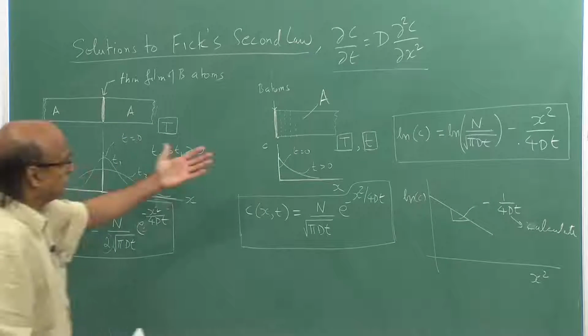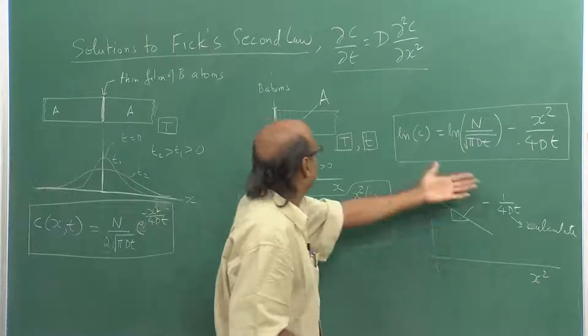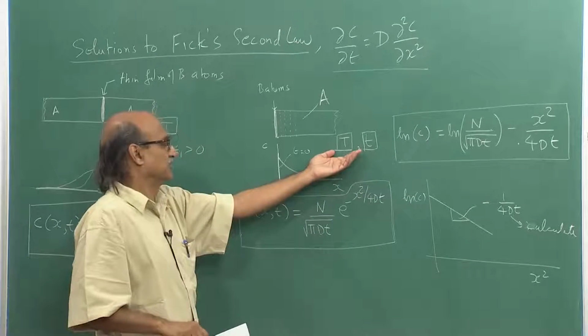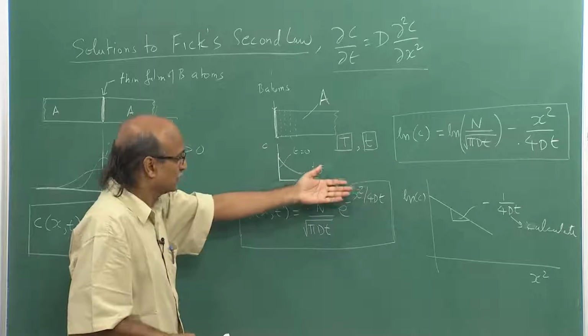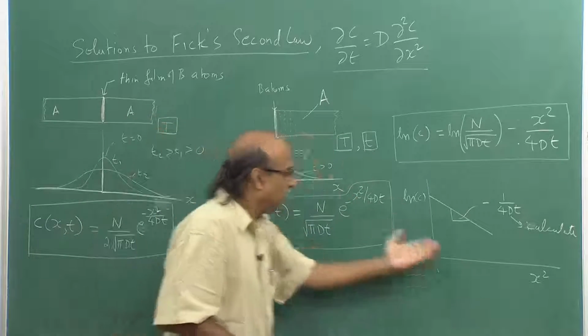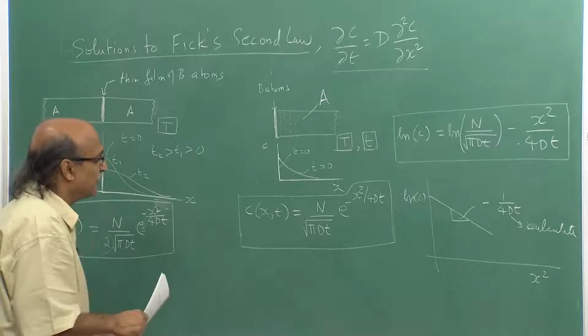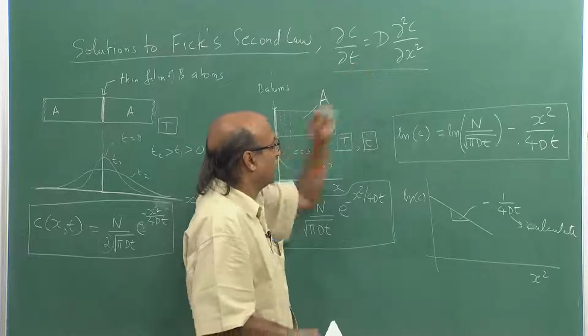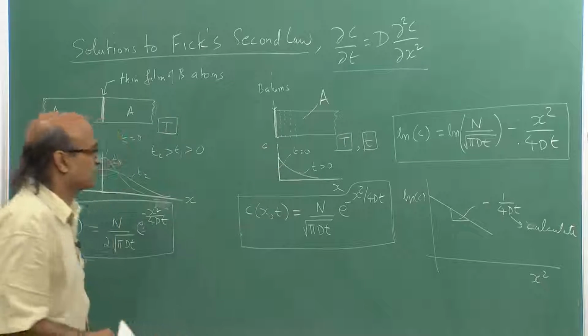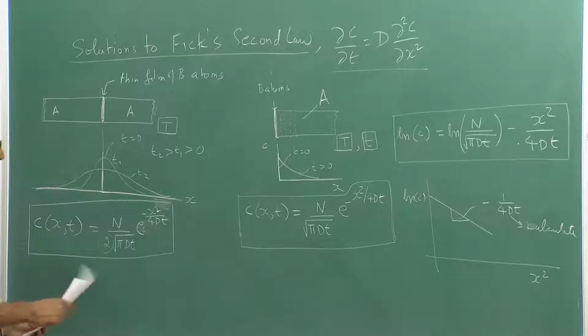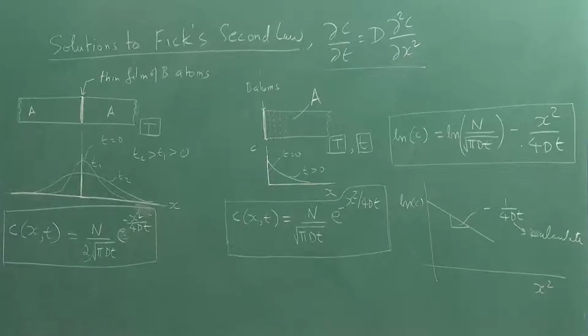And in fact, I can then estimate diffusion coefficient for different temperatures as well as at different times. So, I can also study how the diffusion coefficient D varies with temperature. In fact, it will vary with temperature, and we would be discussing this in a subsequent lecture, how the diffusion coefficient D varies with temperature.